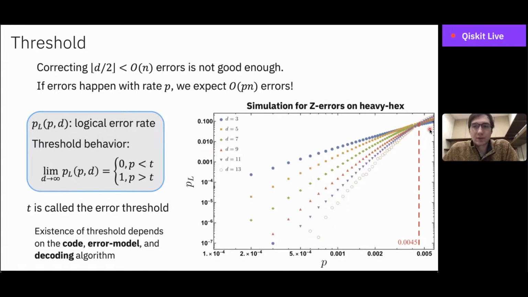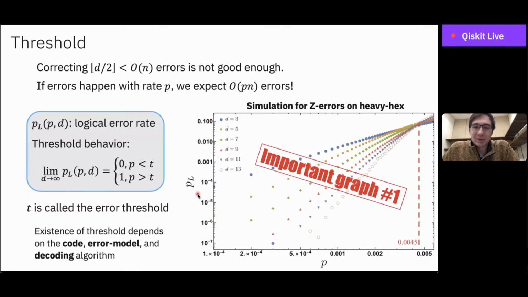This is emblematic of the threshold error rate. So this is the first most important graph, or not just specifically this graph, but the fact that you can plot logical error rate versus physical error rate, and then you can see a threshold sometimes. I think this was also said in Nick's Qiskit tutorial.